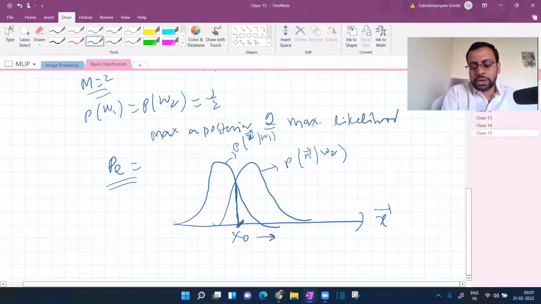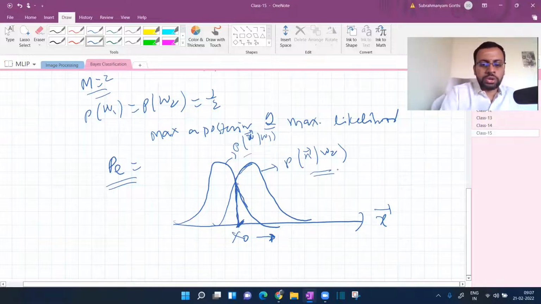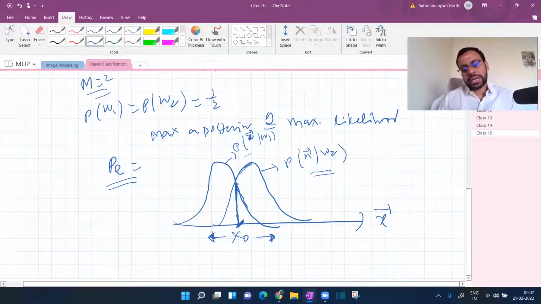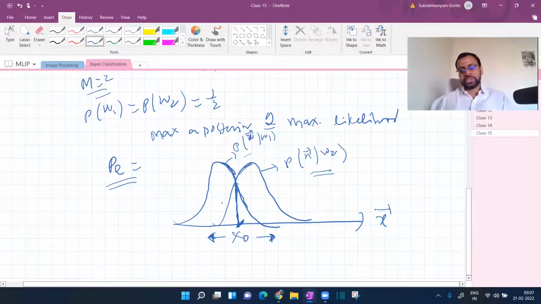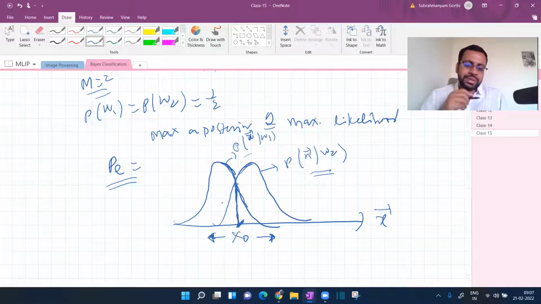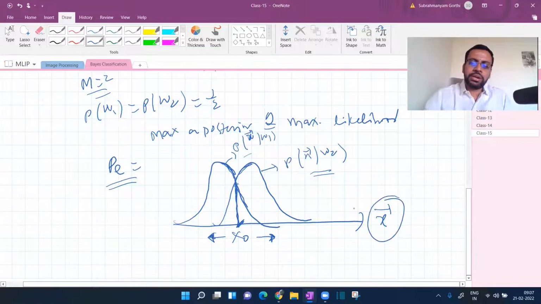As you could see, if you are after this, obviously the probability from class 1 is less than class 2, so you would assign it to class 2. Before this, the likelihood of class 1, which is on the top, is more than this. So that's where you would assign to class 1. You look at the x bar, and of course then you would assign that.